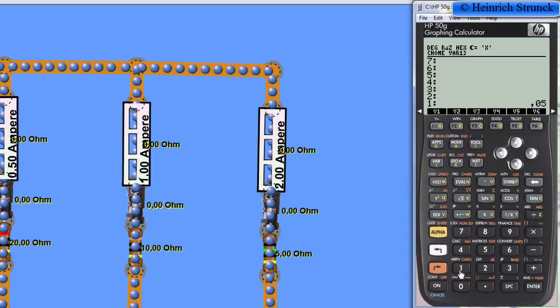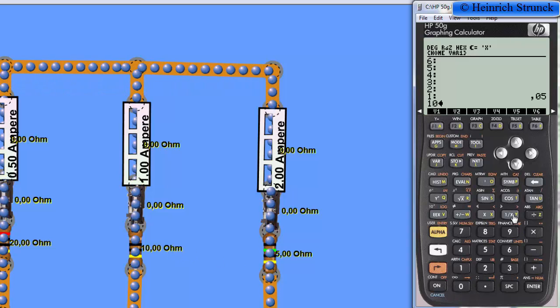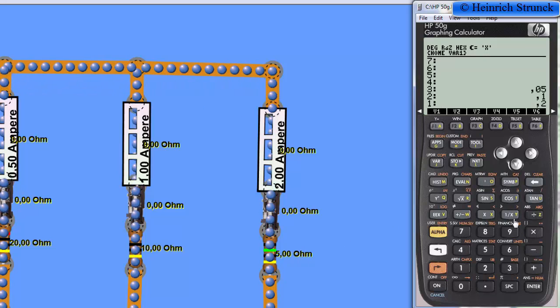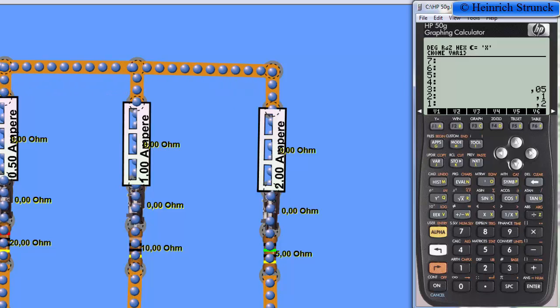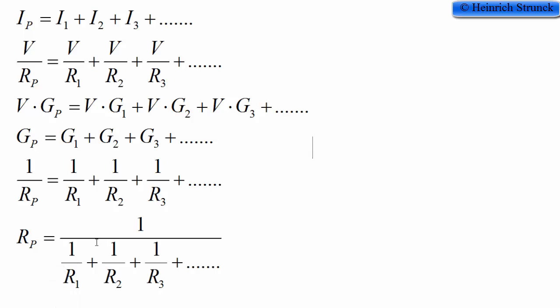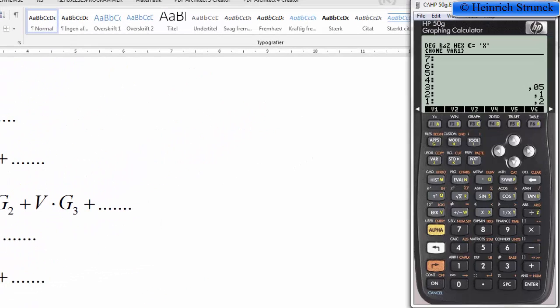The next resistor is 10 ohm and reciprocal. And finally 5 reciprocal. And these we have to add together. And then finally take the reciprocal to get the parallel resistance. So plus plus and 1 divided by x reciprocal, we got the same value as before, 2.857.